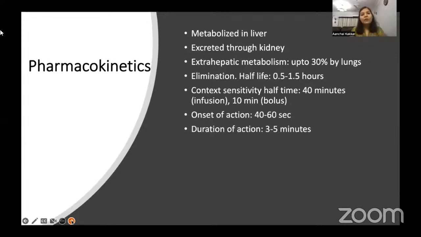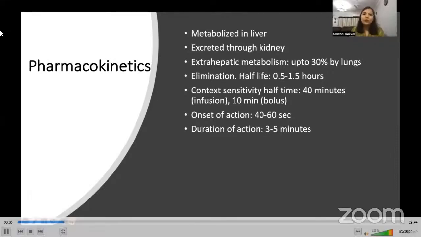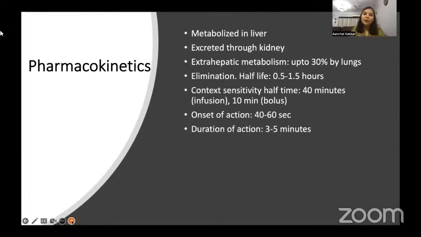The elimination half-life of propofol is 0.5 to 1.5 hours, and the context-sensitive half-time is up to 40 minutes after continuous infusion of up to 8 hours, and 10 minutes after the bolus induction dose. The onset is 40 to 60 seconds, and the duration of action is 3 to 5 minutes after the bolus of IV propofol.